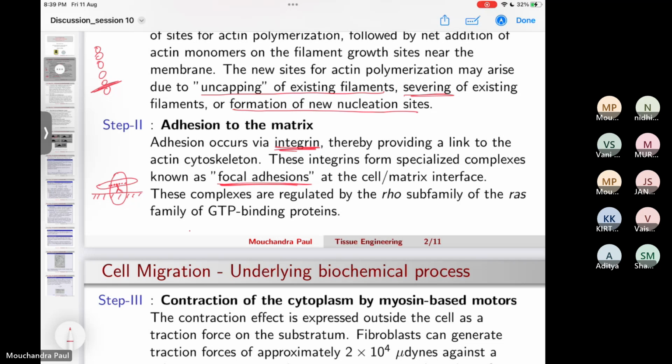Various protein complexes are known that regulate the formation of these focal adhesions, like the Rho subfamily of the RAS family of GTP binding proteins. You can divide proteins into families, and within a family there are subfamilies of proteins. This is just for information.